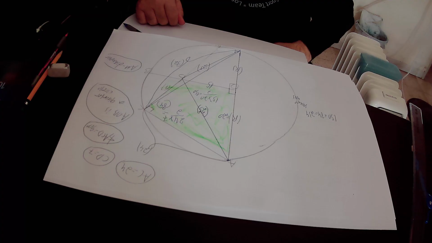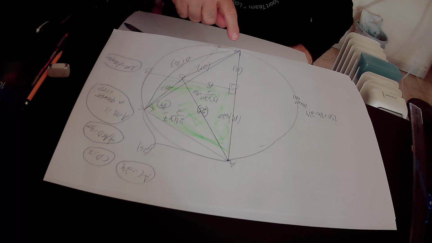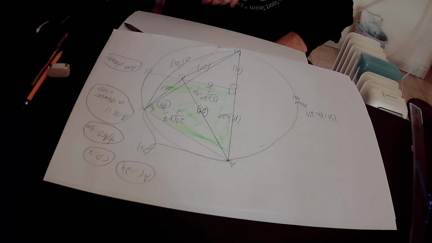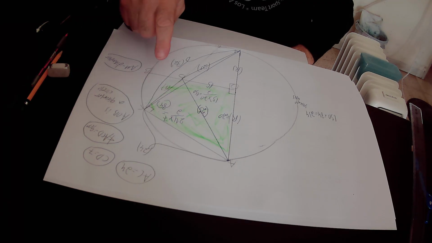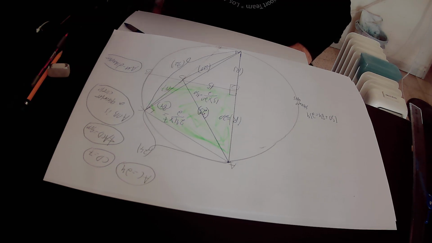Then we extended side DC until it touches the circle. We assumed that the extended side CD will not touch the circle at point M. If it touches the circle, for example at this point N, then we will get a contradiction. Why?